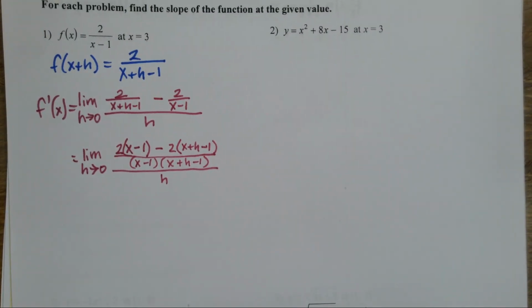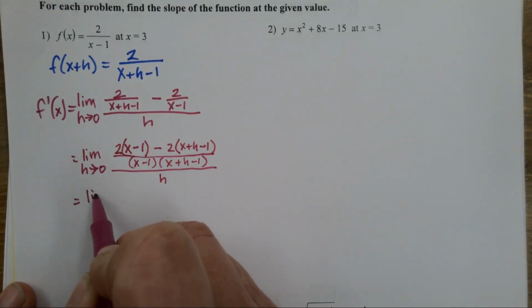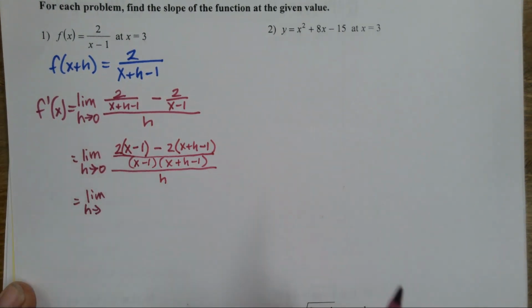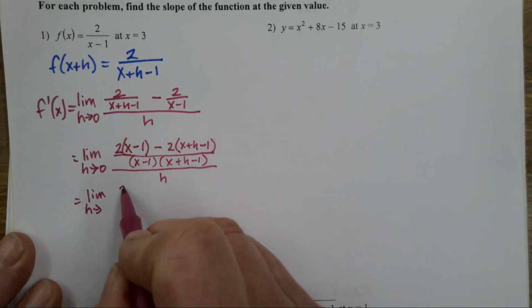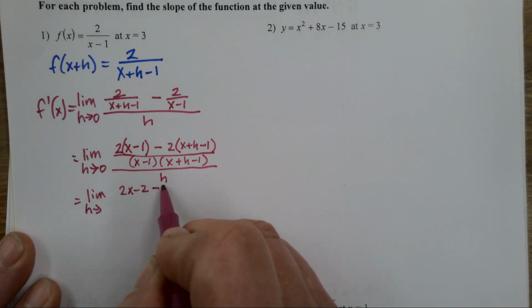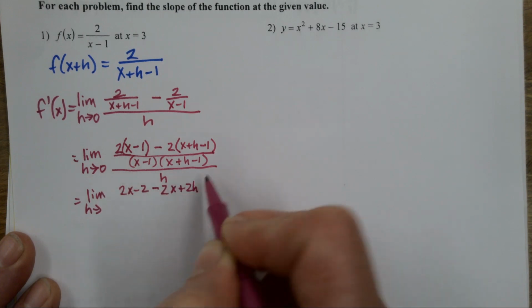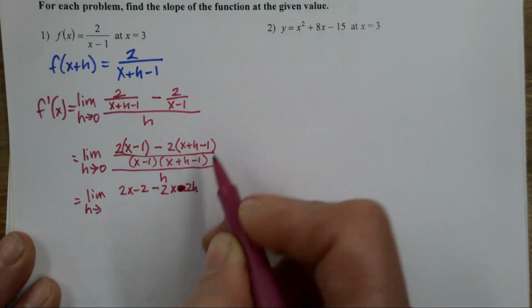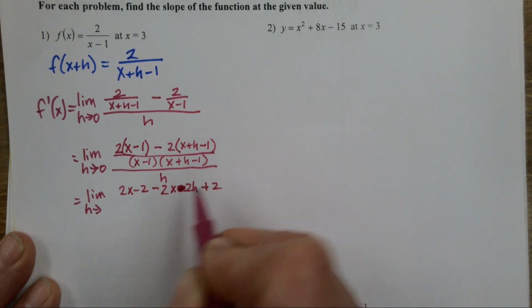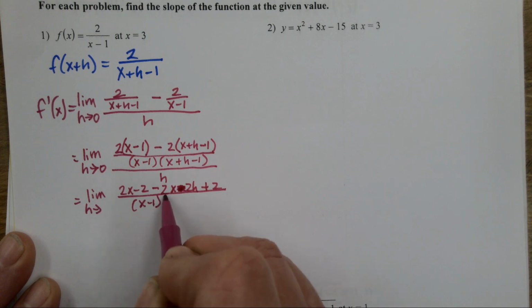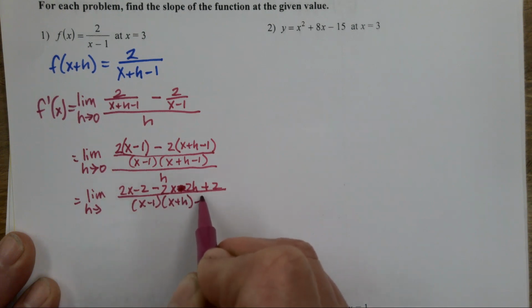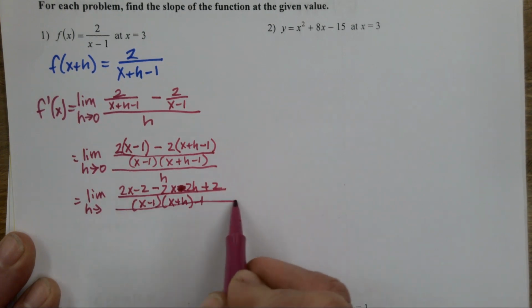And now I'm going to do my simplifying, distributing, bringing stuff through. I still didn't take my limit yet, and even if I tried to take my limit at this point, I'd end up with 0 over 0. So this is 2x minus 2 minus 2x plus 2h, minus 2h plus 2 all over the common denominator, all over h.